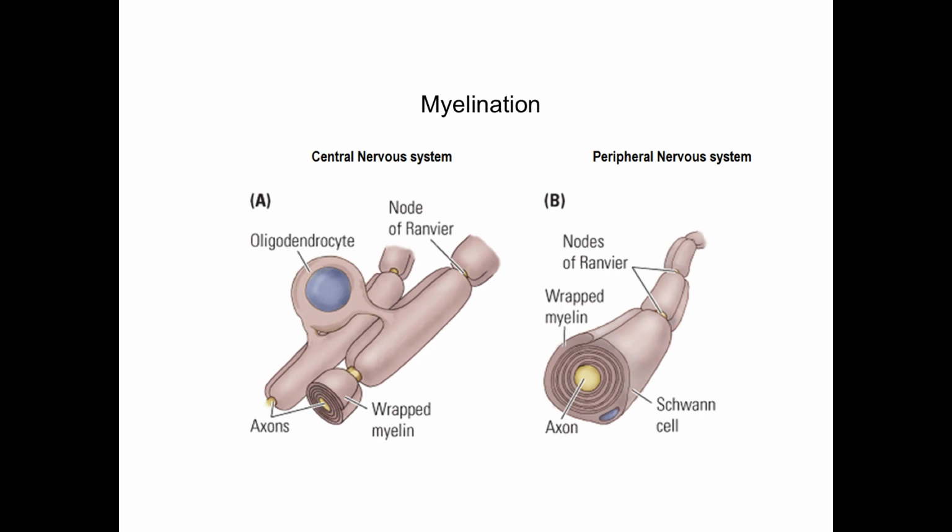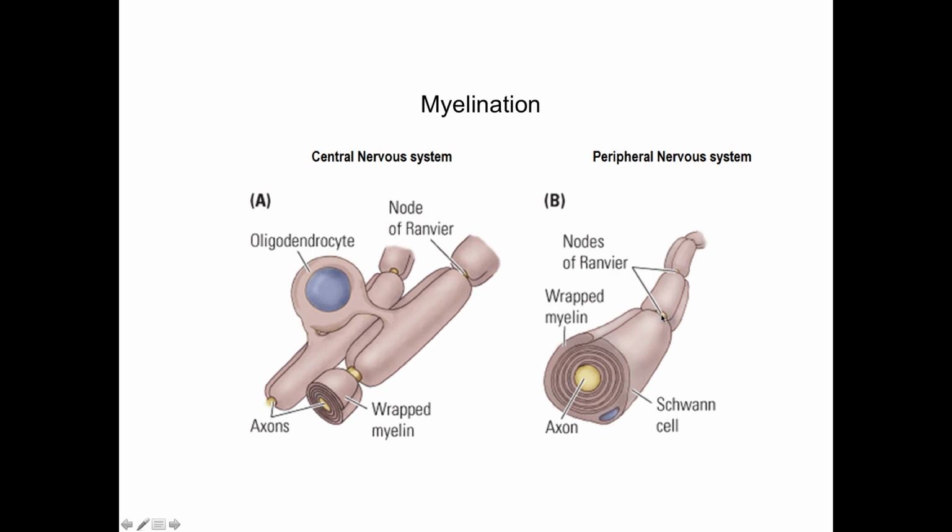So therefore, these gaps are close enough together that an action potential at one node can reach threshold and induce an action potential at the next, adjacent node. So technically, the action potential will, let's say, first happen all the way here, and then it can jump over the myelin and produce an action potential here, and then jump and produce one here.